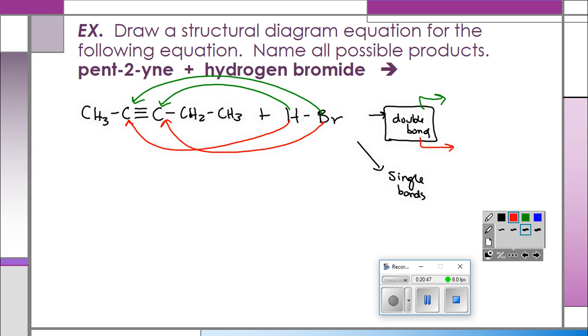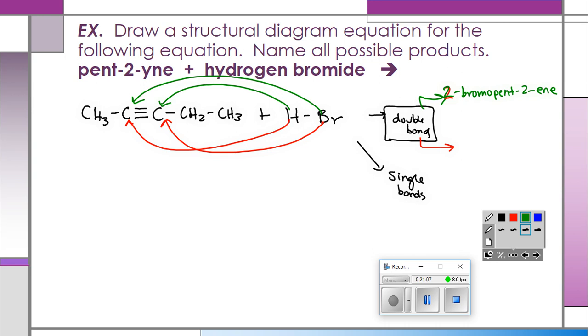This one would end up giving me 2-bromo-pent-2-ene, because my bromine would be on the second carbon and the double bond that would be left over would be between the second and third carbon.